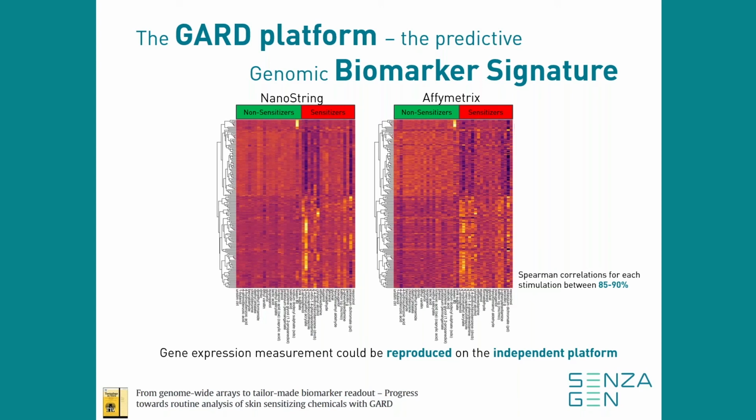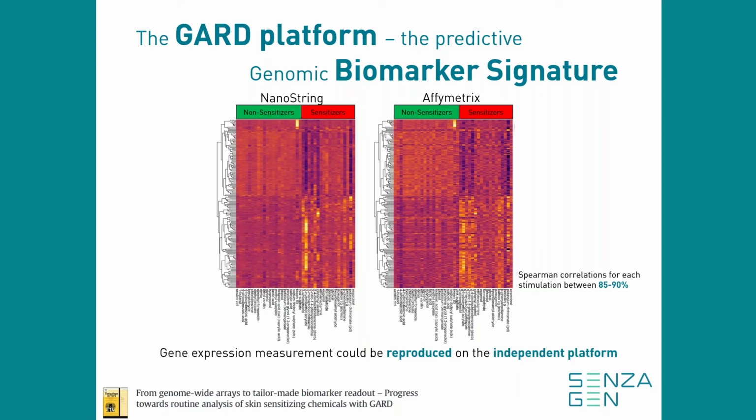So it's a very good correlation between the gene expression measurements on the NanoString and the Affymetrix platform when we look at the complete biomarker signature. This makes it, of course, possible to transfer our assays to the NanoString platform, but it also serves as a quality metric so that we can verify the gene expression measurement from Affymetrix on an independent platform.